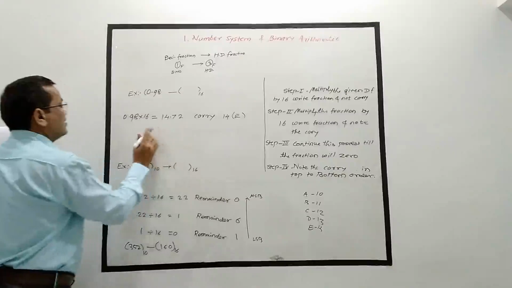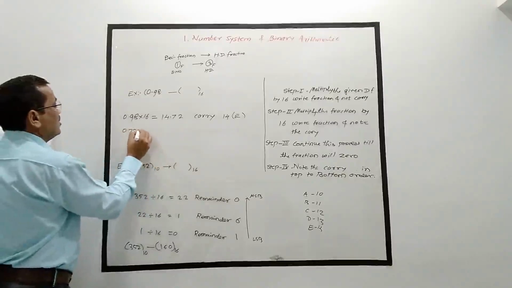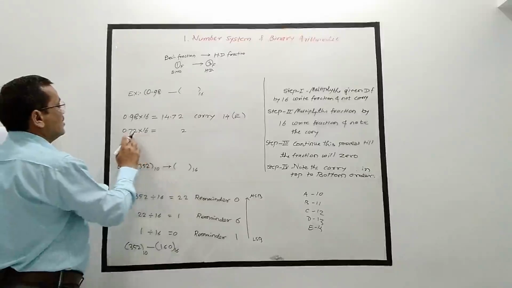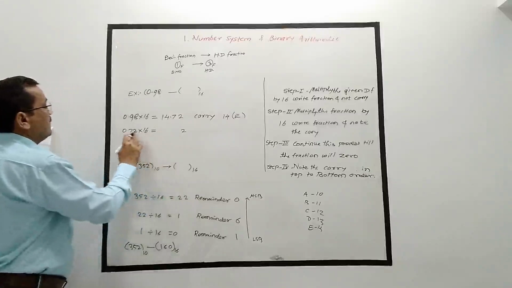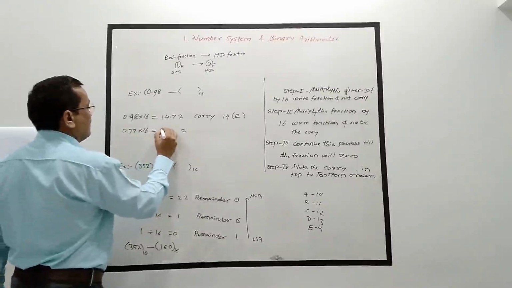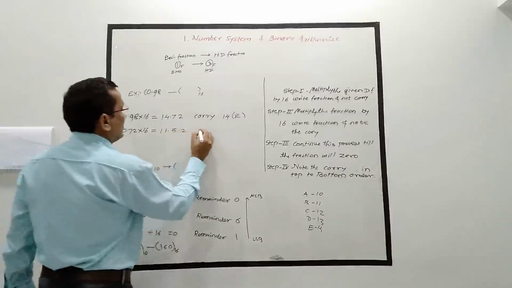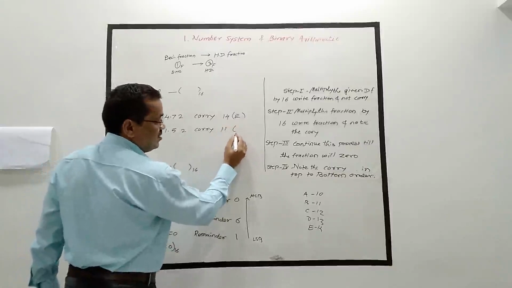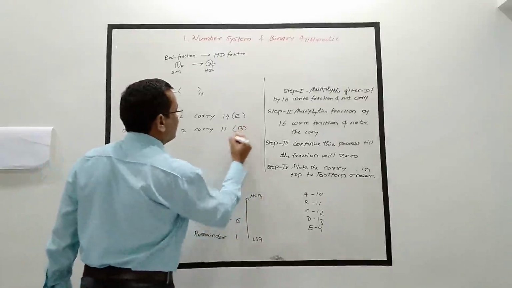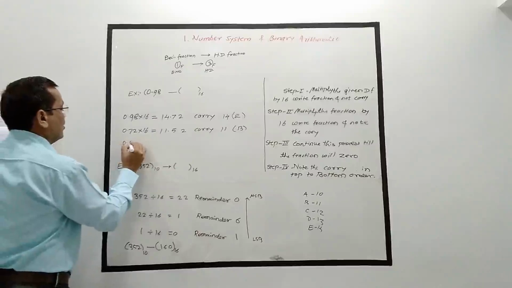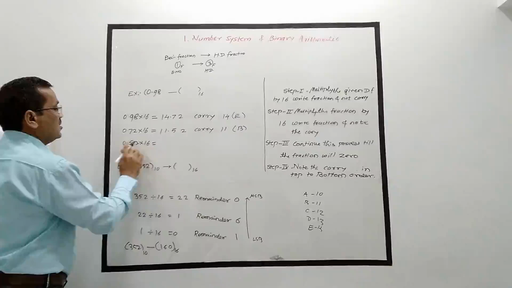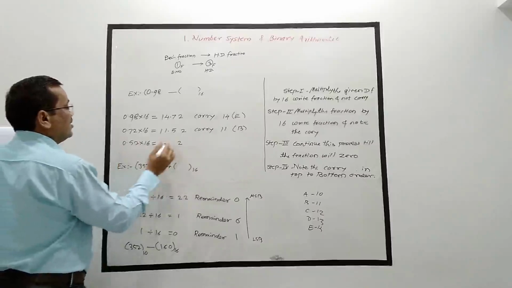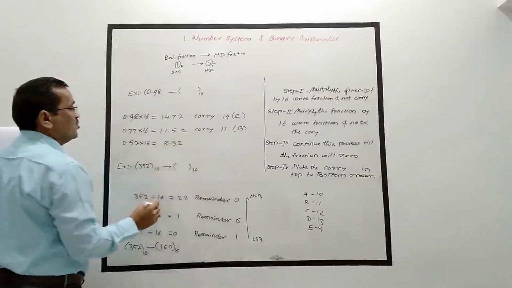Next take 0.72 into 16, that is 11.52. So carry is 11, that is B. 0.52 into 16 is 8.32.